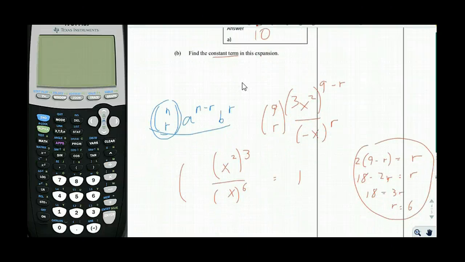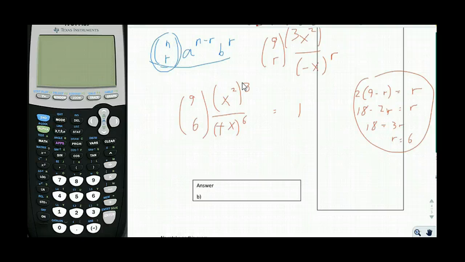And so this is going to be a negative. We'll bring back the negative here, and you can see that since it's the 6th, negative x to the 6th, this is just going to multiply itself out. It's going to be positive, and this is going to be 9, and r, we just found, was 6.